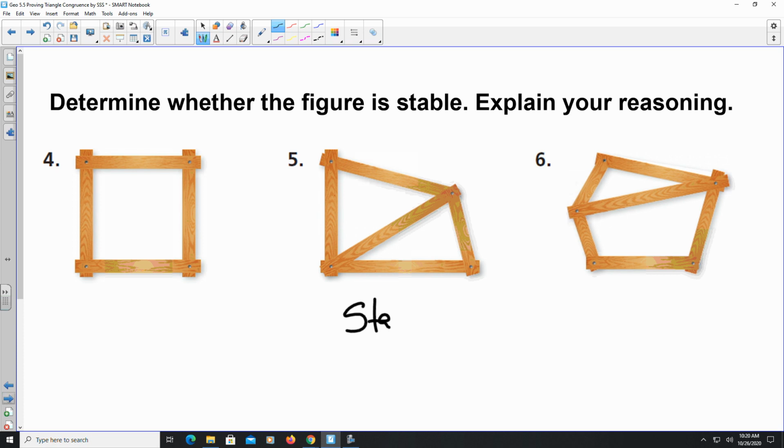Numbers 4 and 6 are not stable. Number 4 is not stable because there is no diagonal support. Number 6 is not stable because, yes, it does have a diagonal support, but it does not form 2 triangles. It has 1 triangle and 1 quadrilateral.